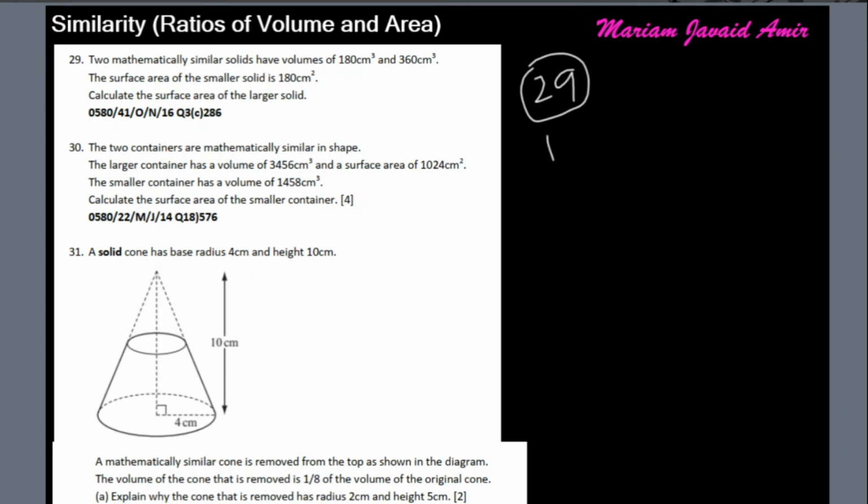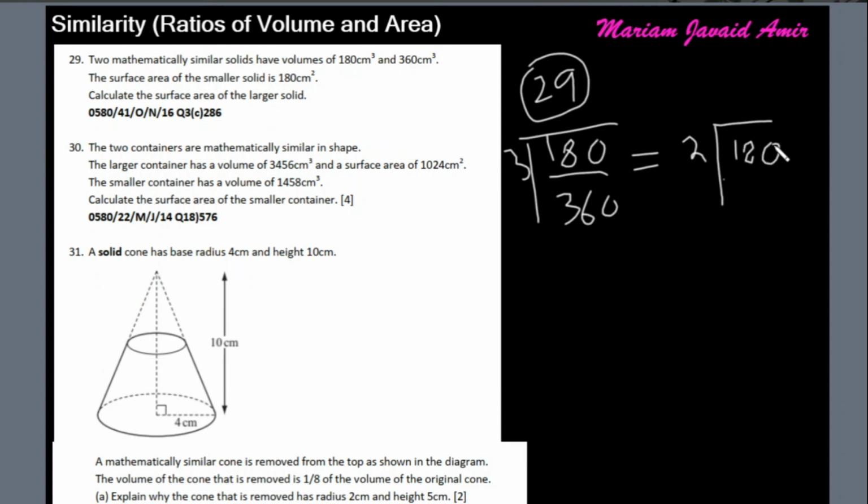So simply again, 180 over 360 cube root equals square root of 180 over A2. Solve this and you should get 286 centimeters square.